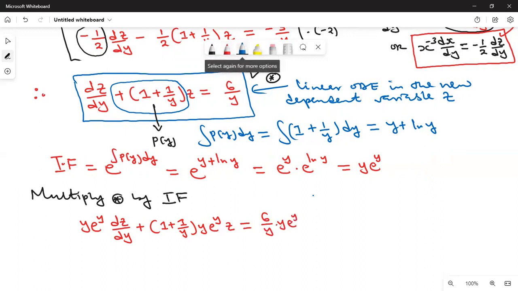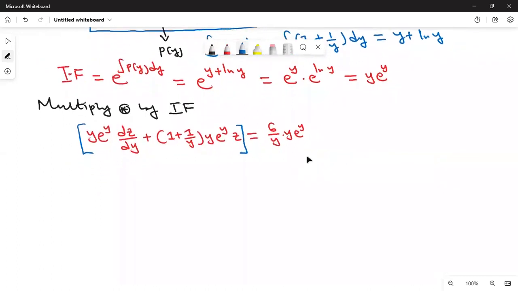And so we can simplify. Look at the left-hand side. How can it be rewritten? This can be rewritten as the derivative with respect to the independent variable, in this case y, of the product of the dependent variable, which is z, and the integrating factor, which is y times exponential y. On the right-hand side, you see this and this will cancel.